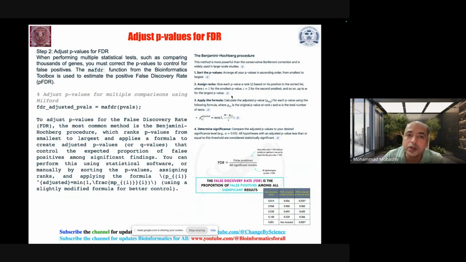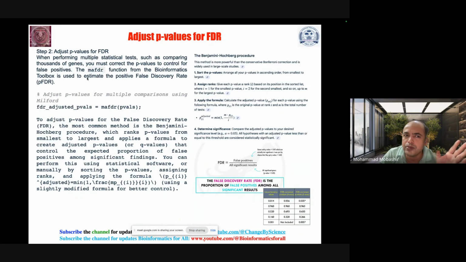Now it comes to p-value adjustment, also called FDR calculation from the p-values. Adjust the p-values for the FDR when performing multiple statistical tests, such as comparing thousands of genes. You must correct the p-values to control for false positives.